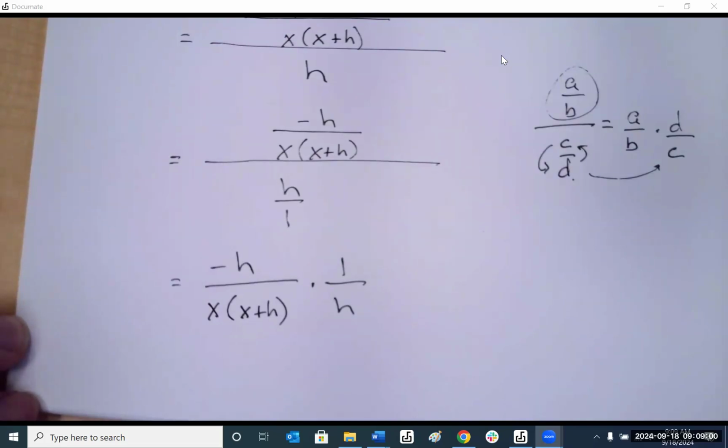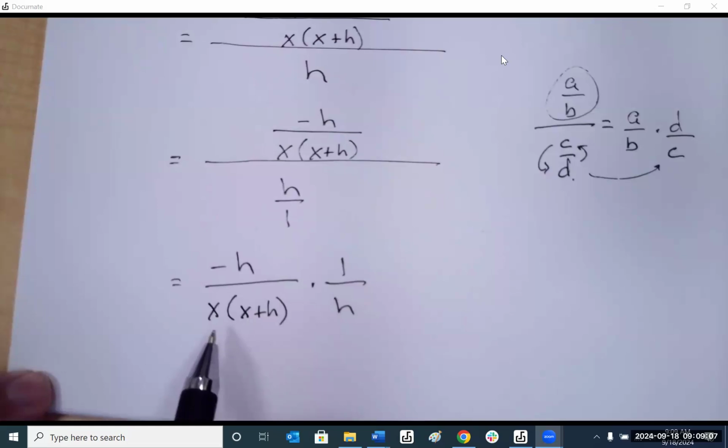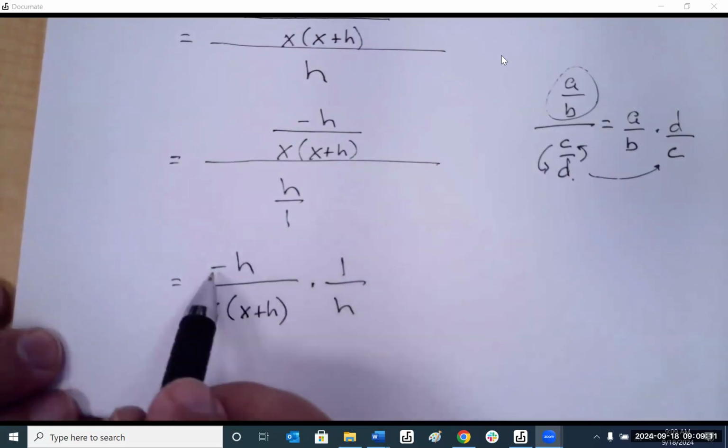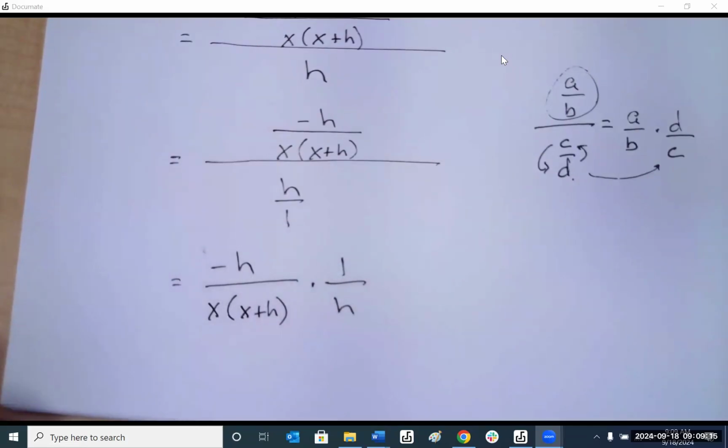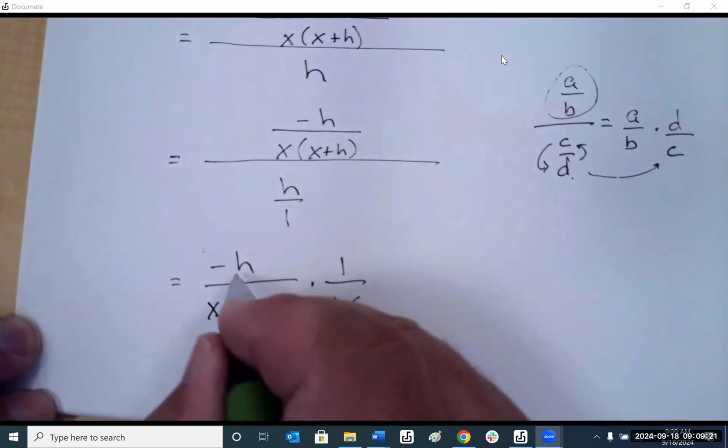Can anything cancel top and bottom? The rule of multiplication of fractions: never multiply first. Reduce first before you multiply. Can anything on top cancel with anything on the bottom? The h.